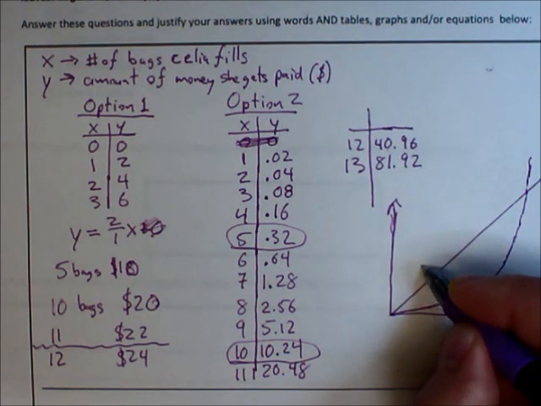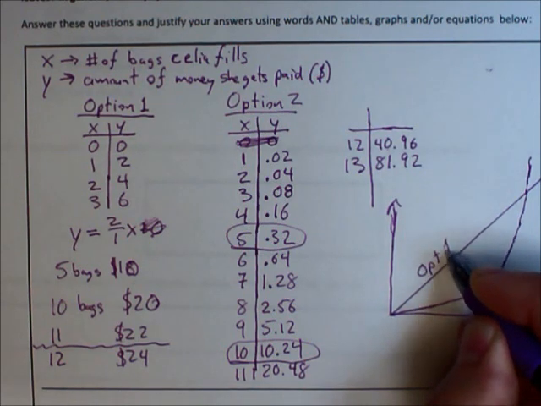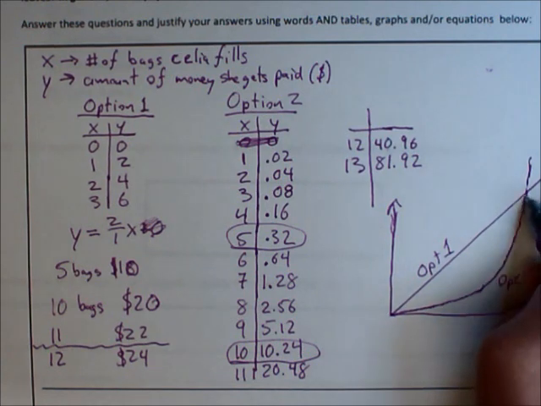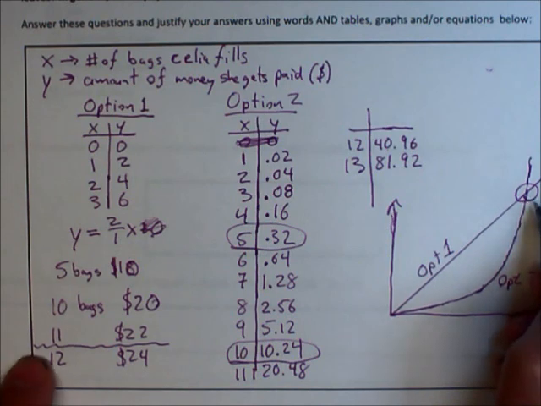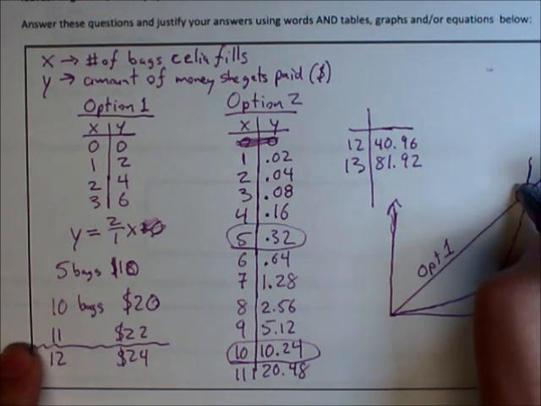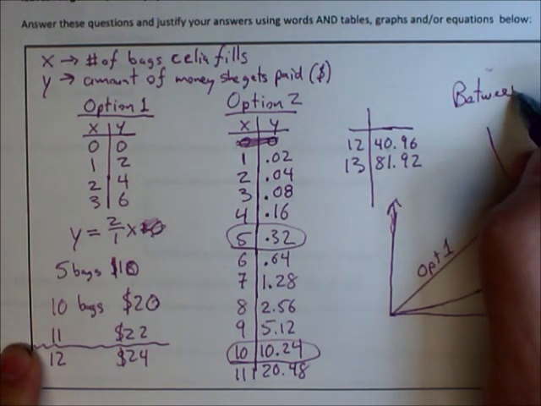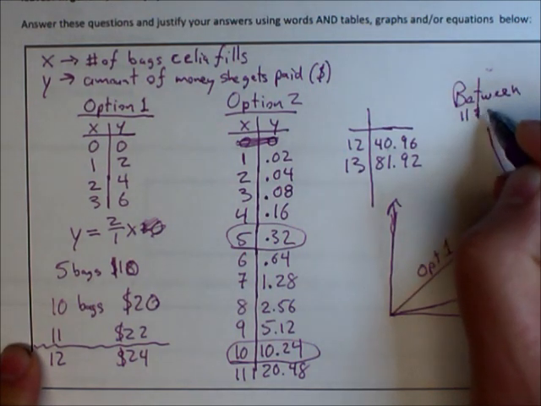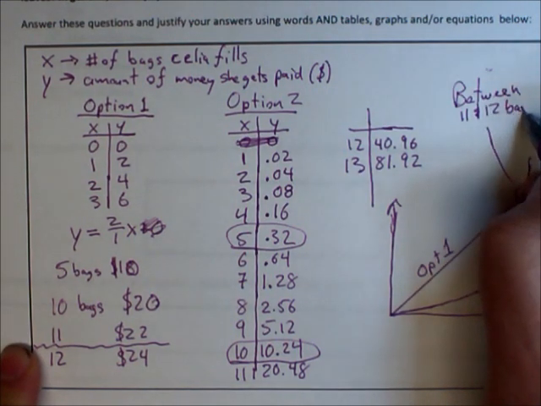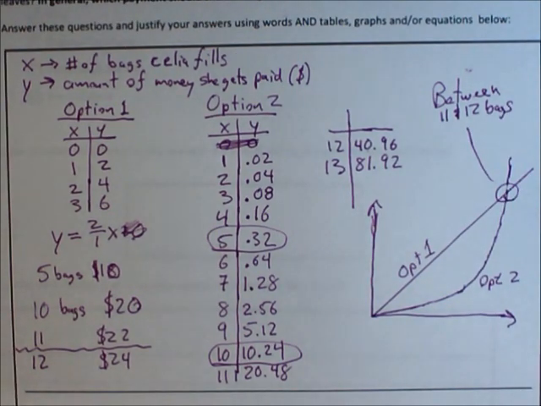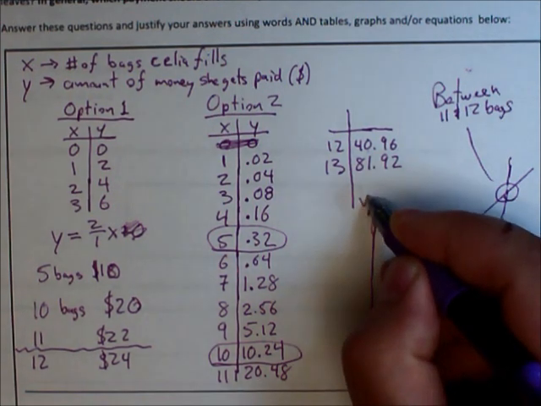So this is option 1. This is option 2. And this right here is between 11 and 12 bags, that option 2 catches up with option 1. So this is the money.